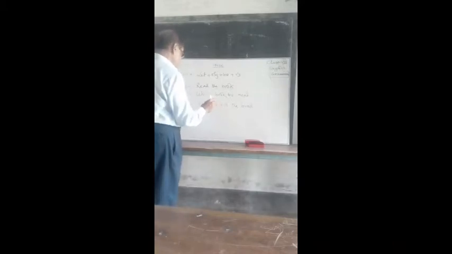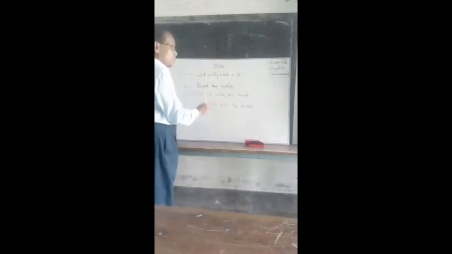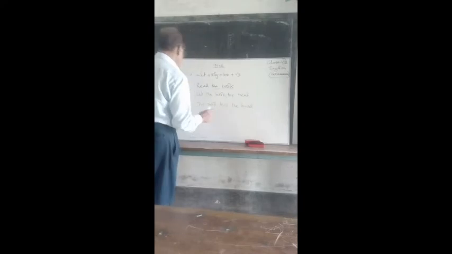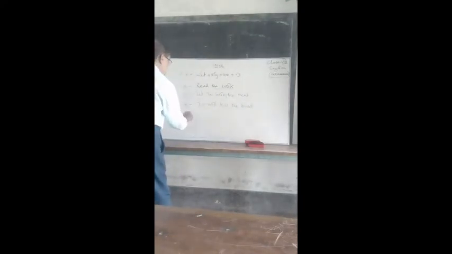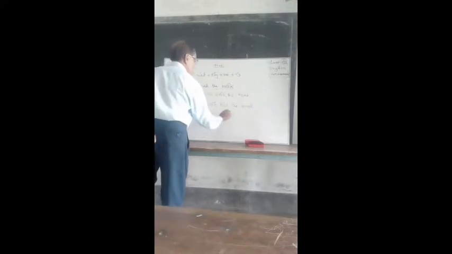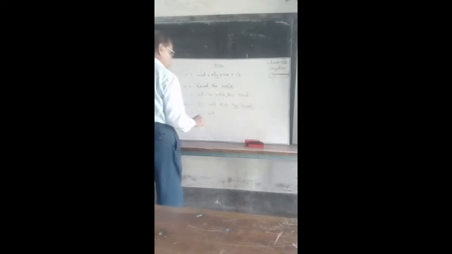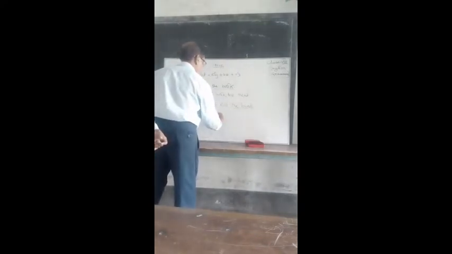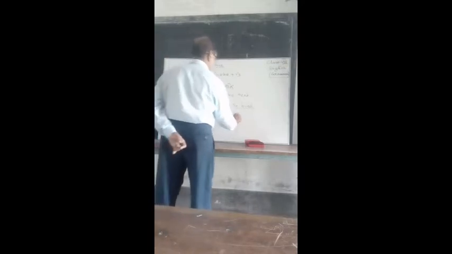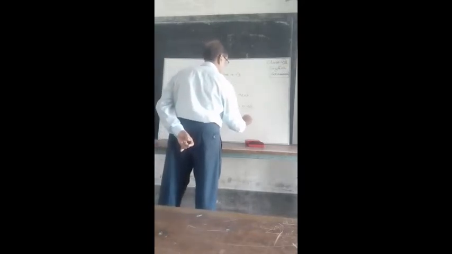If the active voice is negative, passive must be negative. You must remember it. Passive form is: let not. The bird is the object. Let not the bird be killed.